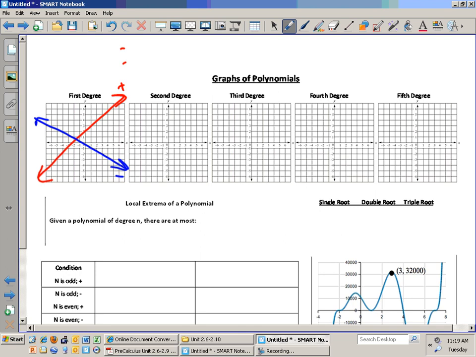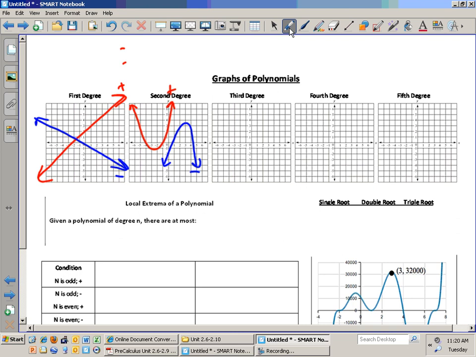What does the second degree look like? A parabola. Second degree is a parabola. That would be positive, and that would be an example of a negative. And we determine positive or negative by the lead coefficient in front of the x squared. Anybody know what a third degree looks like?